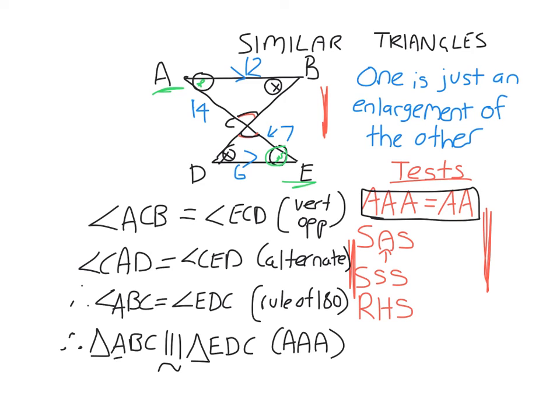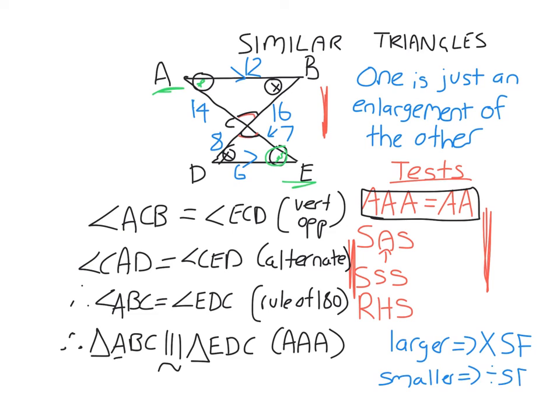If I told you that this side here was 8, then BC, this side here would be 8 times 2, which is 16. So make sure you understand, if you want to find a side in the larger triangle, you times by the scale factor, and if you want to find a side in the smaller, you divide by the scale factor.